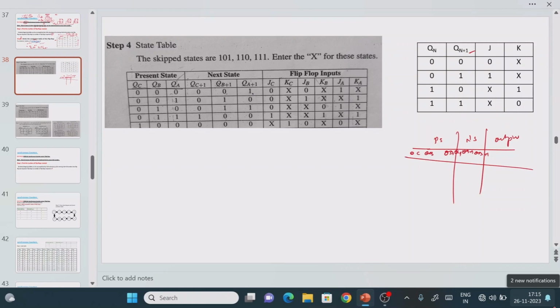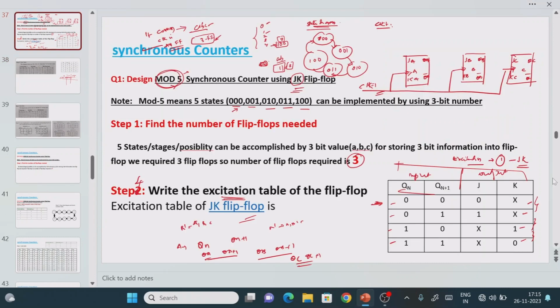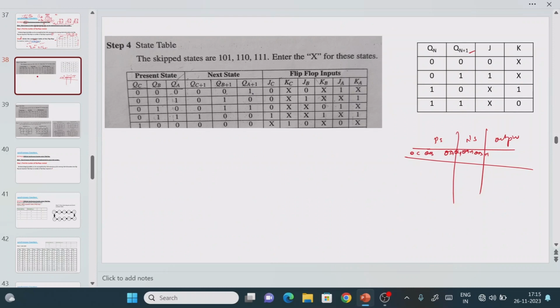So what is the output value? Excitation table means the input will be output, the output will be input, right? So how many outputs? JAKA for the first one, JBKB for the second one, JCKC for the third one. So the outputs are like this: JAKA, JBKB, JCKC.